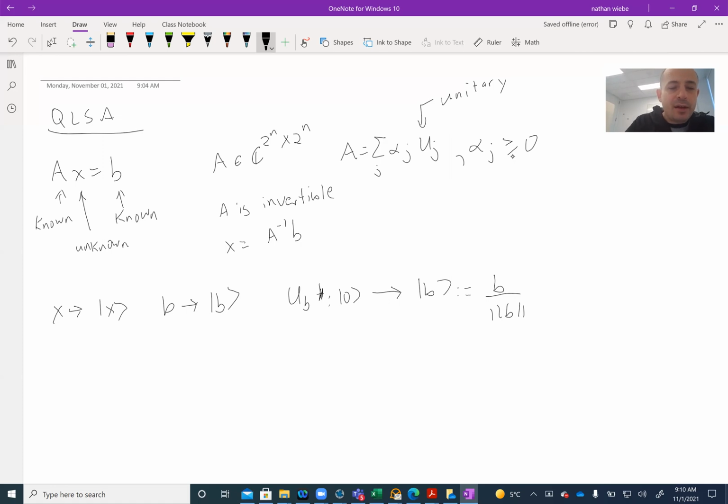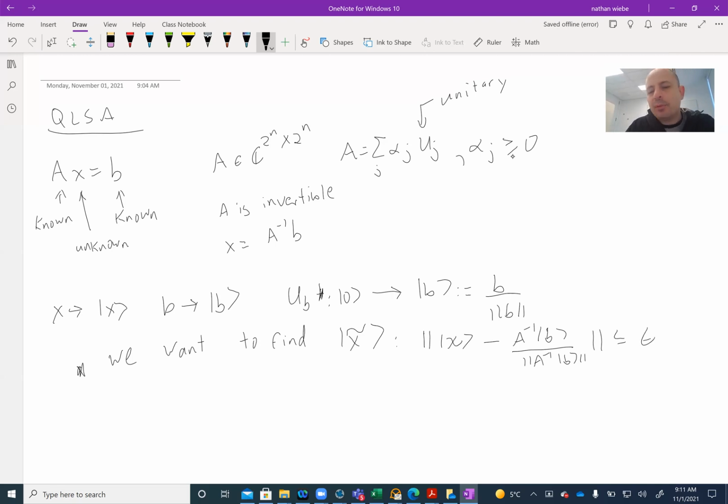Okay, so now we have that. Our goal is to find a vector x tilde such that the norm, like the Euclidean distance, for example, of x tilde minus A inverse B divided by the length of A inverse B, is within error epsilon.